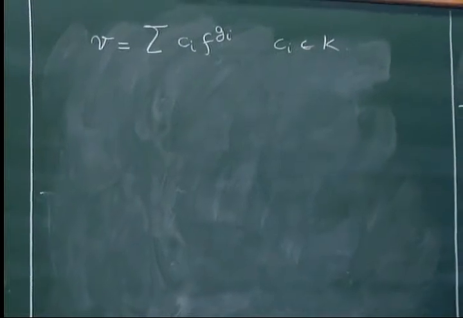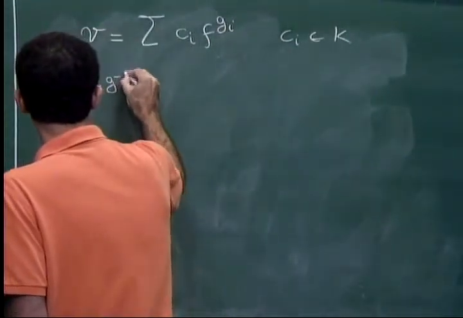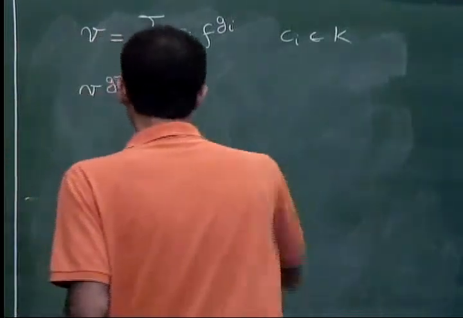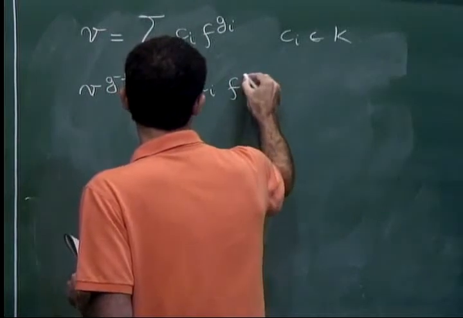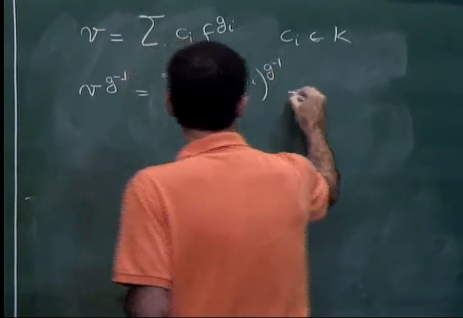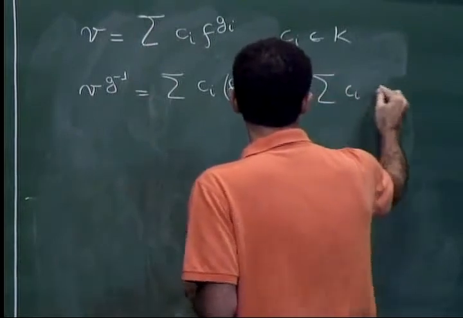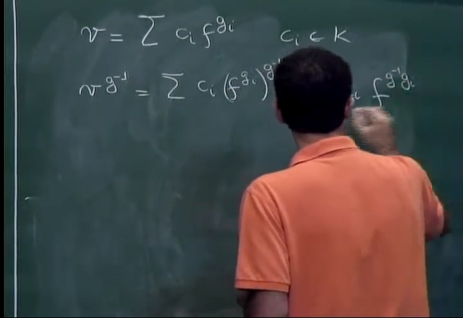And if you apply G inverse, what you get is this Gi G inverse, and that is the same thing as F G inverse Gi.